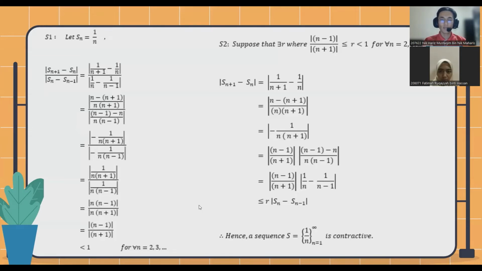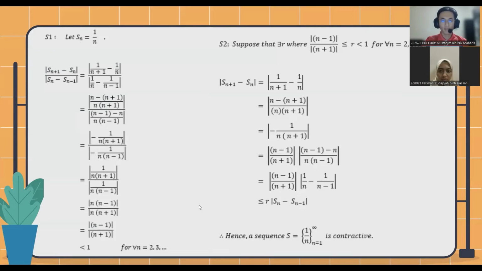In the step above that we have established just now, r is greater than or equal to modulus n minus 1 over modulus n plus 1. We have the same exact one down here right now, which is modulus n minus 1 over n plus 1, which means that we can substitute it with r. So we get the entire expression less than or equal to r modulus Sn minus Sn minus 1.